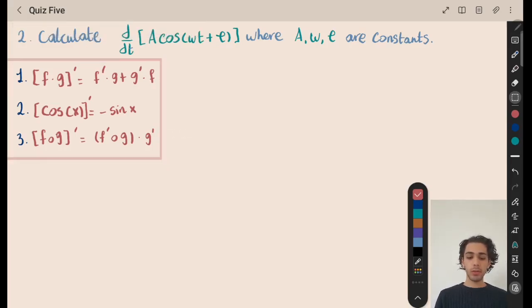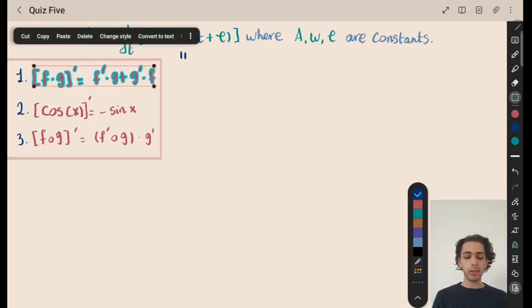So the first thing is, if you want to take the derivative of a times cosine of omega t plus phi, then this is the derivative of a product, because you have a being multiplied by cosine of omega t plus phi.